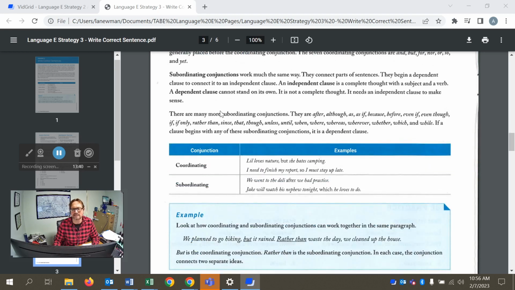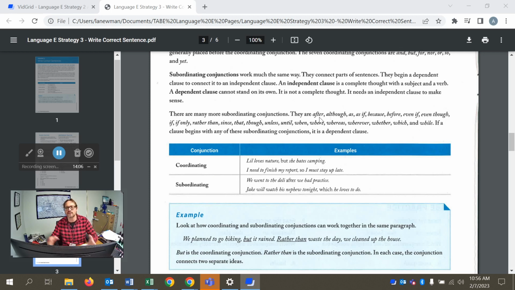And the last thing in this little section here talks about there are many more subordinating conjunctions than coordinating conjunctions. So far too many to memorize, but do familiarize yourself with them, be able to recognize these. Kind of the main point is that if one of these starts a sentence, the sentence is incomplete if it doesn't have another clause with it.